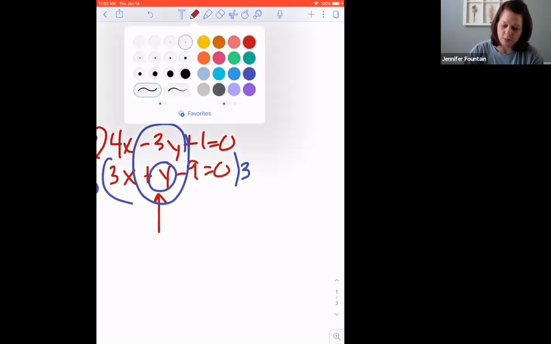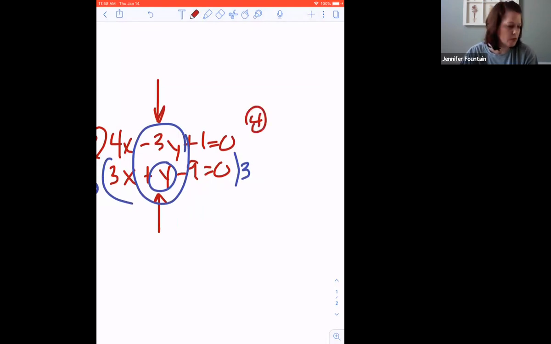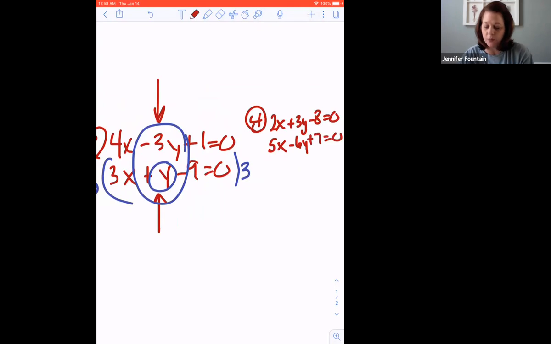And then let's look at number 4. I have 2x plus 3y minus 8 equals 0. And I have 5x minus 6y plus 7 equals 0. I look at my x terms. I have 2x and 5x. There's nothing I can multiply by one to equal the other or to make the opposite of the other.